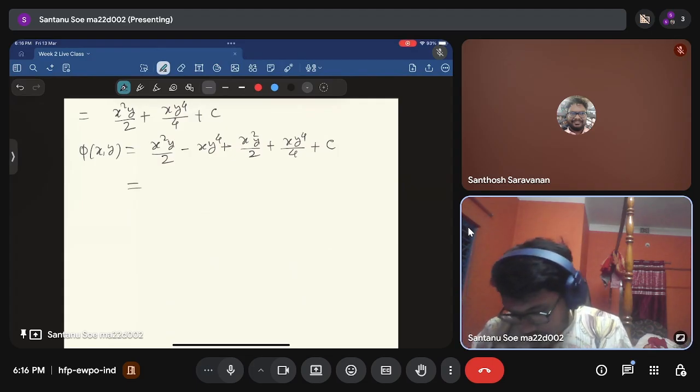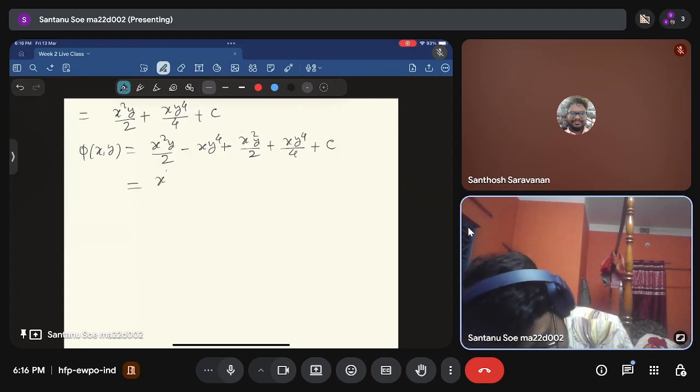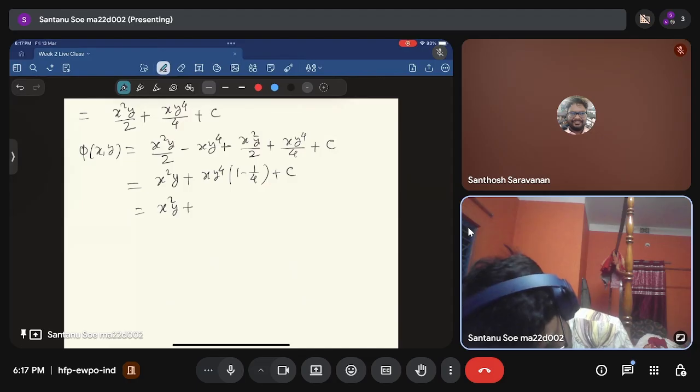Okay. So this is going to be x square y plus xy to the power 4 times (1 minus 1 by 4) plus c. So this will be x square y plus 3 by 4 xy to the power 4 plus c.